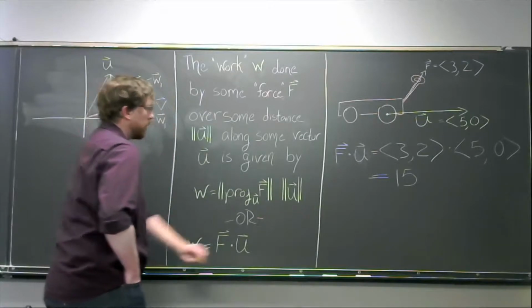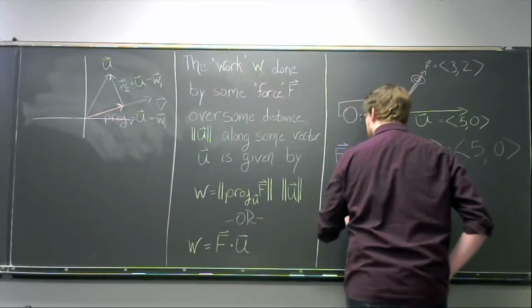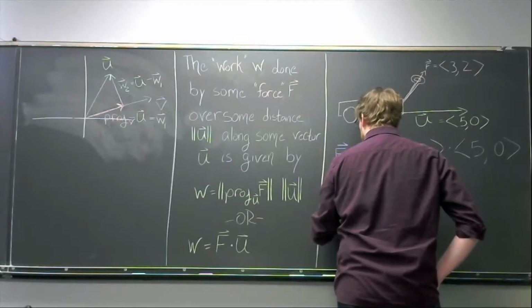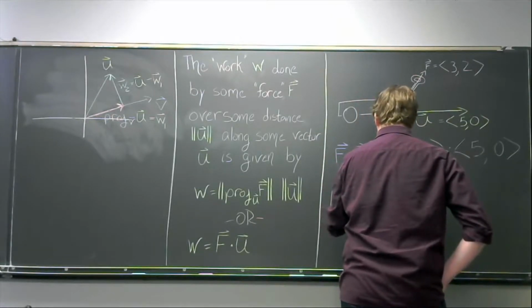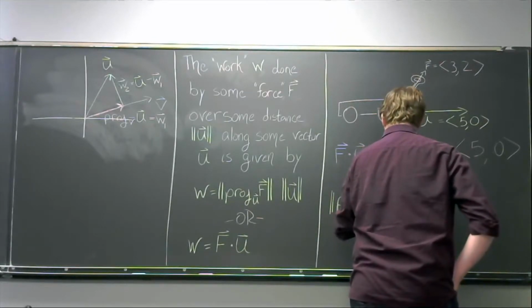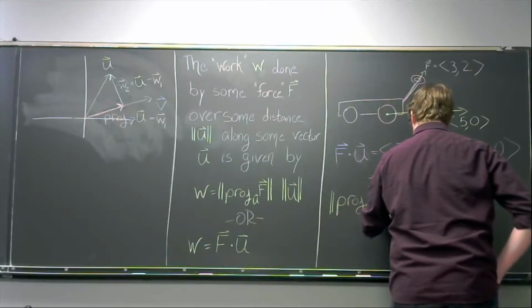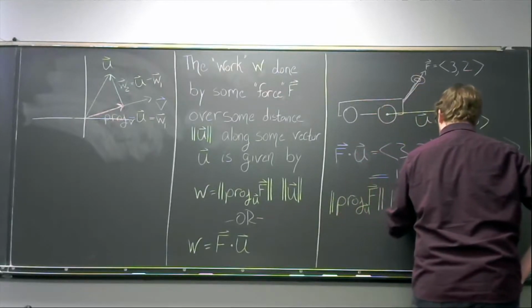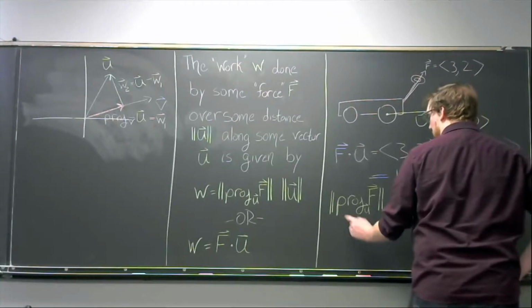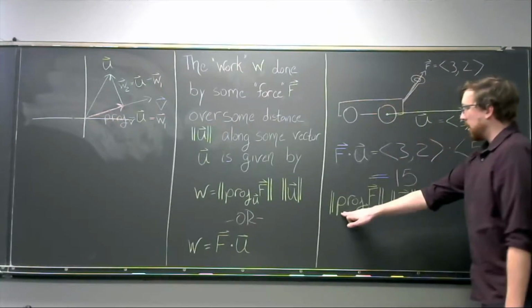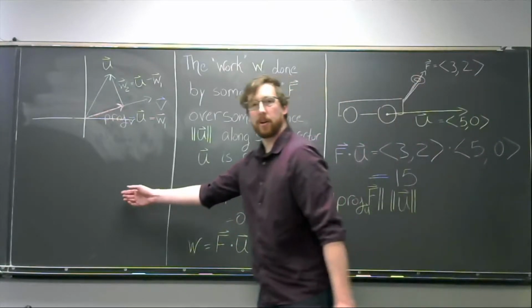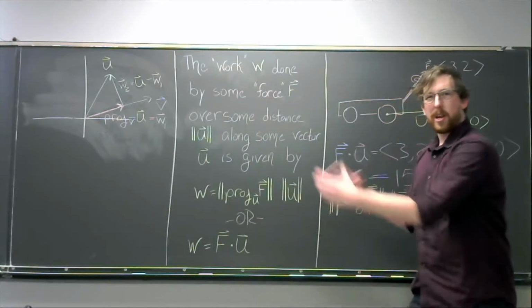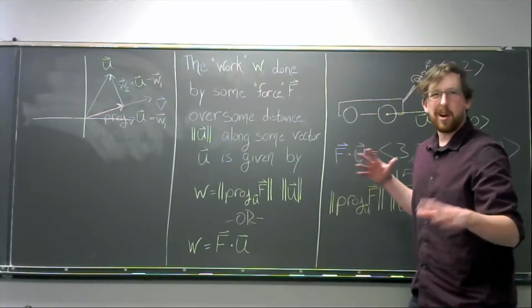What we've got is the magnitude of the projection of F onto U times the magnitude of U. Well, I'm going to calculate this part first, and I'm going to calculate it over here, just so we can actually break out the math and see everything a little bit more clearly.